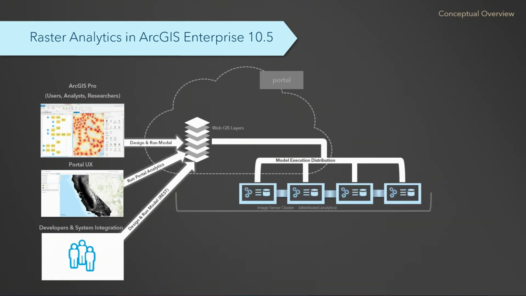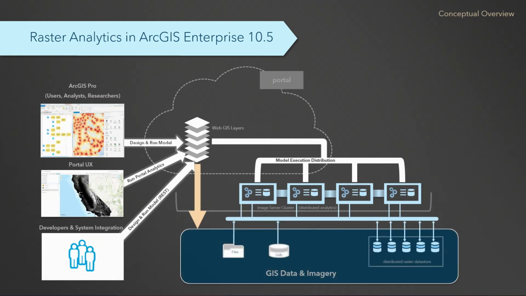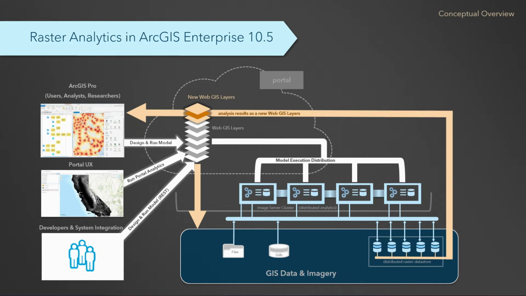Raster Analytics at 10.5 then distributes my processing to the available cluster of machines. My input data sets reside natively as files on disk or within the distributed raster data store. My results are then written directly back into the enterprise. It's persisted and accessible across the ArcGIS platform.